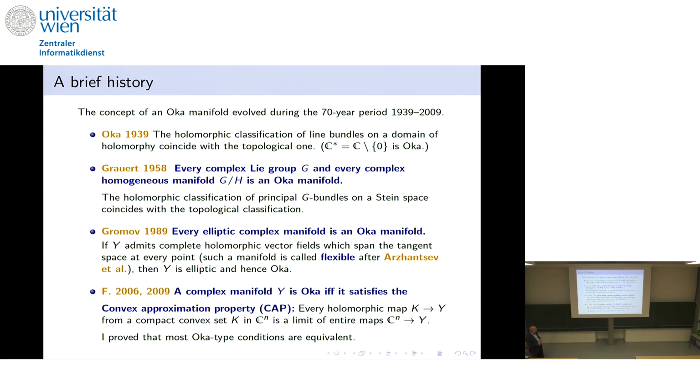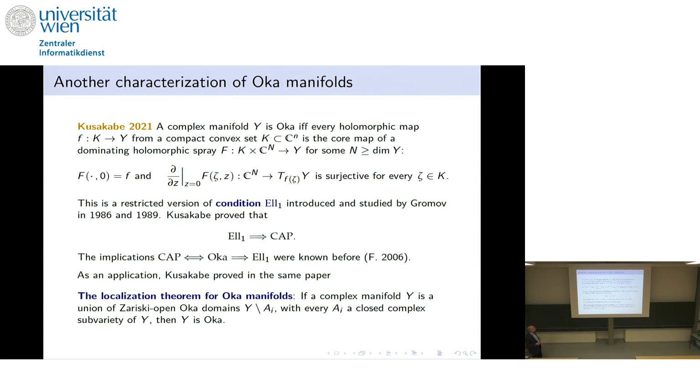There was a 3-year gap between the first and the last paper. In that last paper, I introduced the class of Oka manifolds, when also the parametric case was understood. Okay, so this is the definition of what it is. And then after 2009, well, there were some developments. We found new examples.